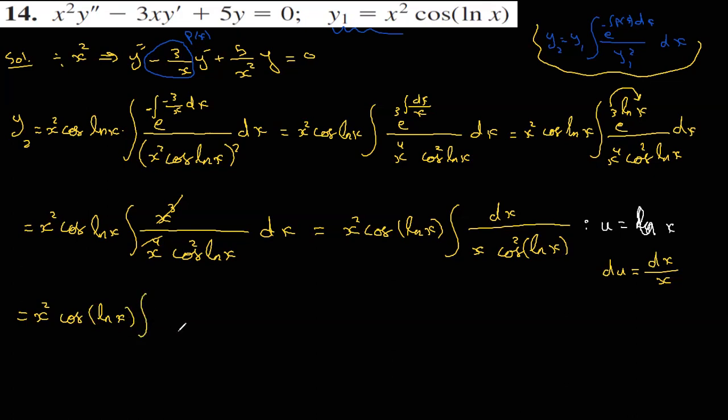Here we write 1 over cosine squared u, and don't forget du. How do we find this integral? I have the integral of 1 over cosine squared u du. 1 over cosine is sec, so it's the integral of sec squared u du.